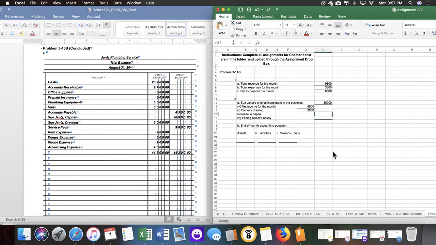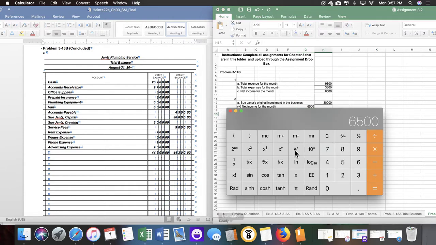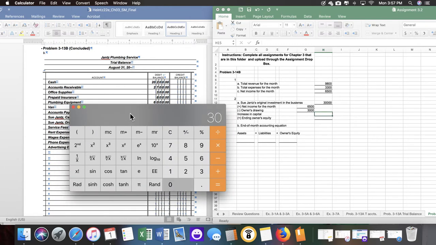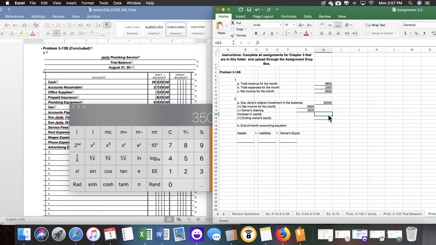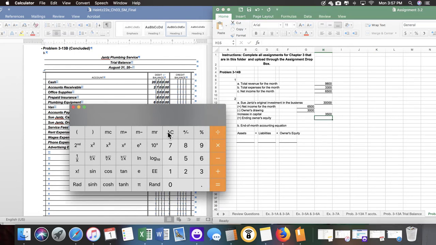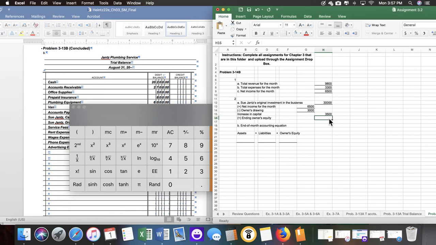Our increase in capital is $6,500 minus the drawing of $3,000 gives us $3,500. So the ending owner's equity is $33,500.